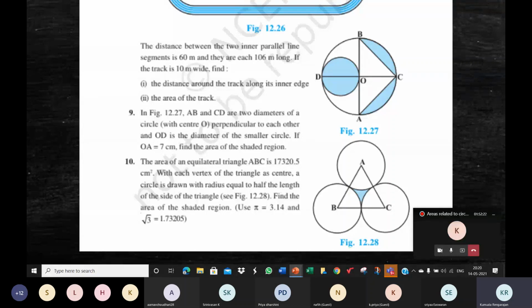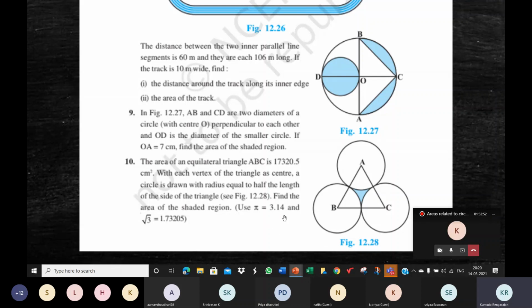The value of root 3 is 1.73205. You need to use that. Children, if you didn't notice this, please rework. It's given that root 3 is 1.73205. So this one divided by 4 into side square is equal to this number.